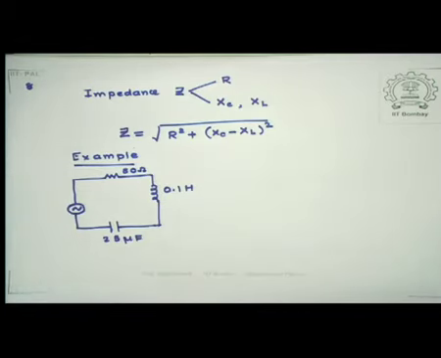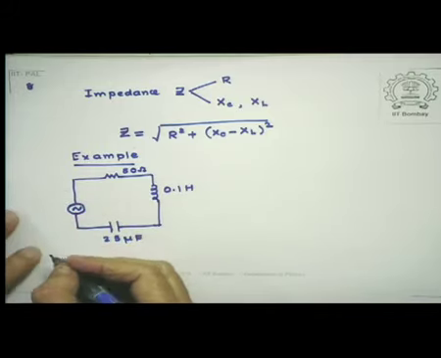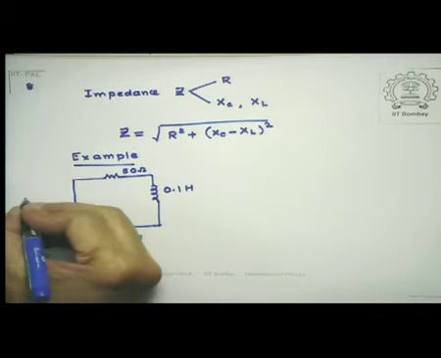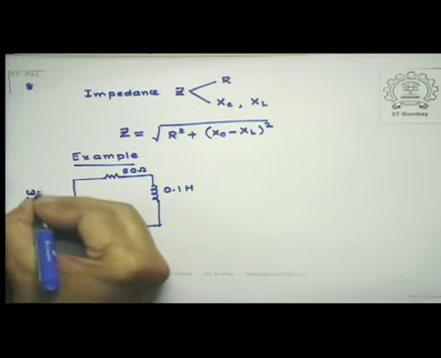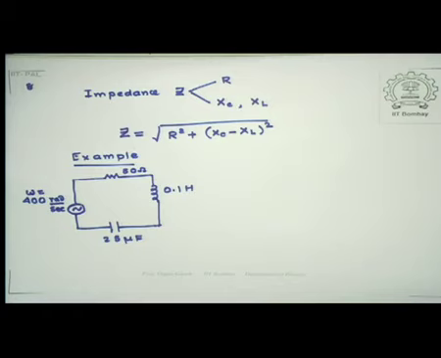The source is, well, I'll just give you the frequency of the source, which I will conveniently take as 400 radians per second. Let me point out that I am taking 400 radians per second purely for ease of calculation. 60 hertz, which is reasonably common in the US, corresponds to 377 radians per second. But 400 is close enough so that we can take it as a reasonably physical number.